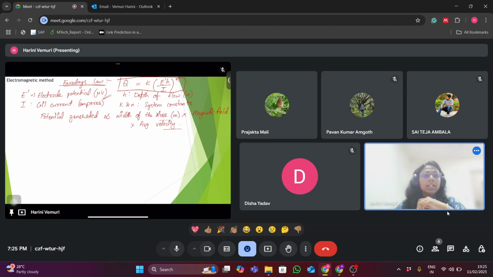So if the cross section of the channel changes, it doesn't affect the flow measurement. In the area velocity method, we saw that the cross section should be constant. It should not change with time, right? And the third advantage is that we can do continuous monitoring using the electromagnetic method.